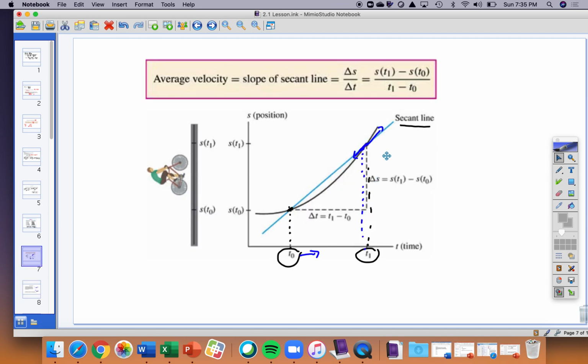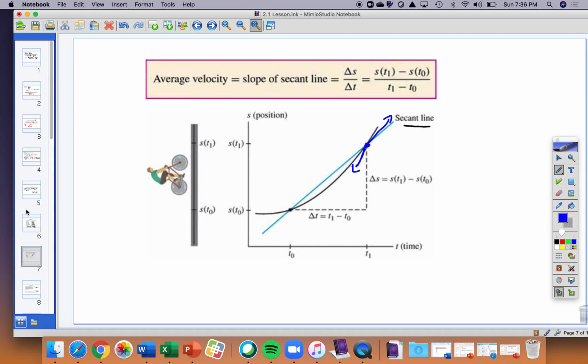So our task in this image here, if I wanted to find the slope or the velocity at this point, I had to bring these 2 x values really close together so I can estimate what that tangent line slope would be. And that's what we were doing.